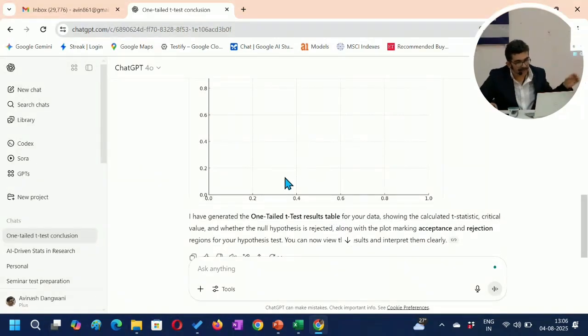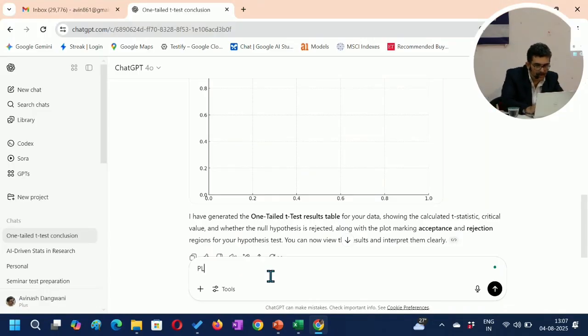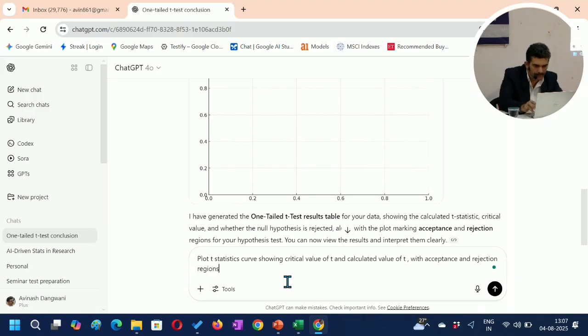But see here, the graph is not there. I will again write: plot T statistics curve showing critical value of T and calculated value of T with acceptance and rejection regions.